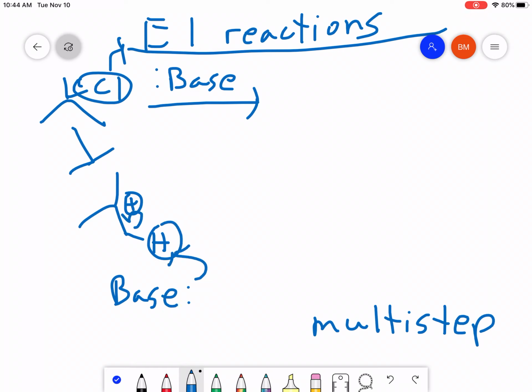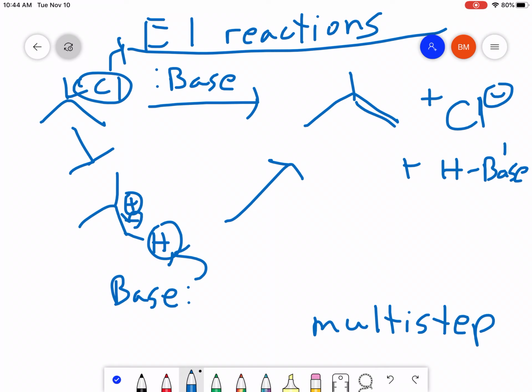You also get a couple of byproducts here that I should mention as well. So, multi-step: formation of the carbocation, then in the second step you pluck off your H and make your double bond.